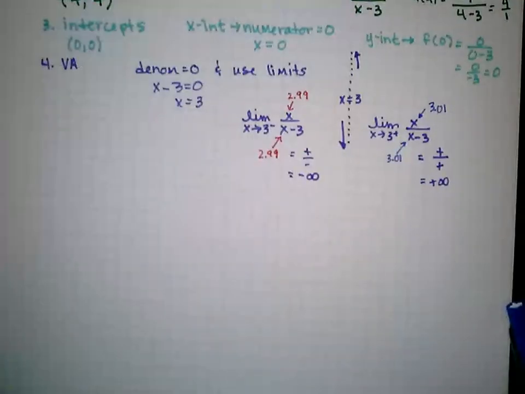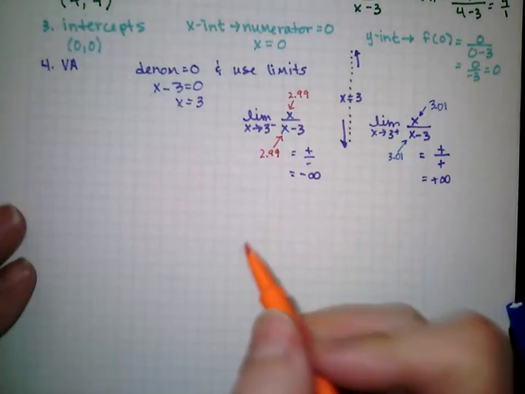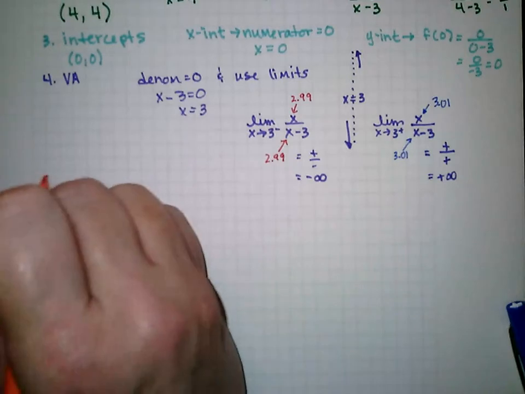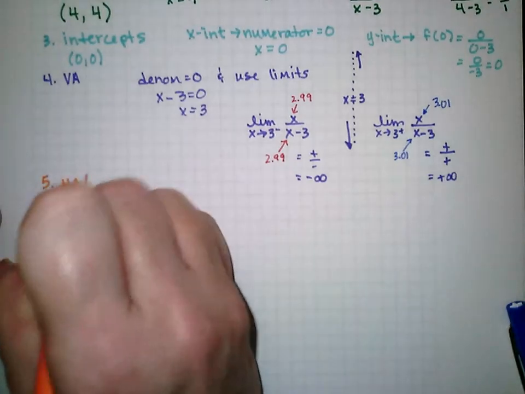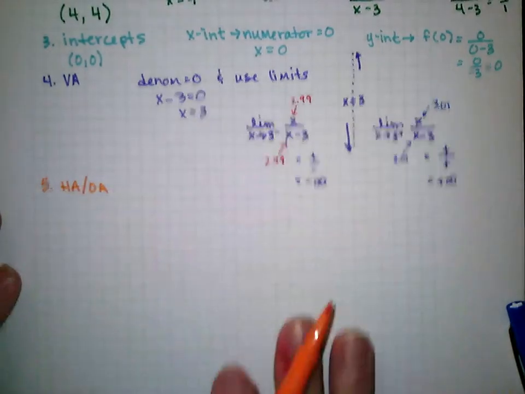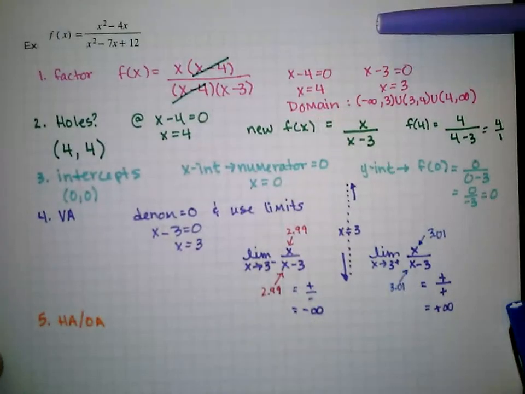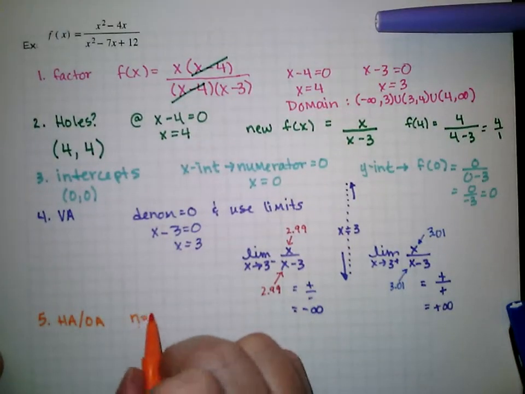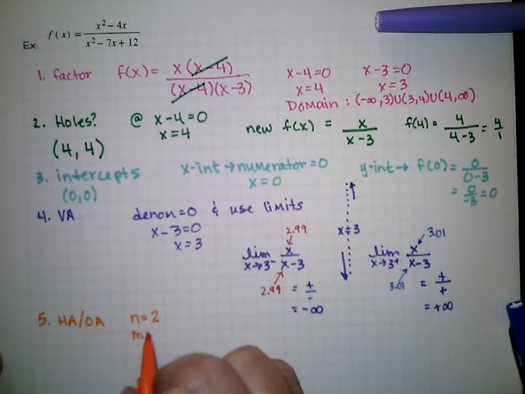Let's look and see what we've got going on here. Horizontal asymptote, oblique asymptote. In our original function, the degree of the numerator is 2, and the degree of the denominator is also 2.